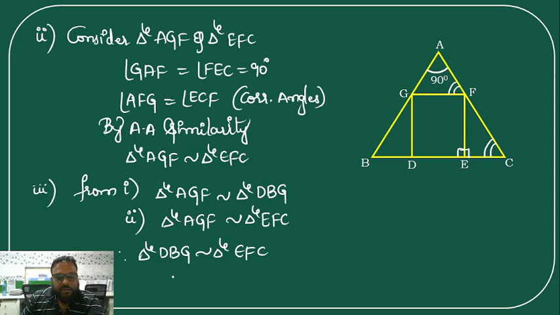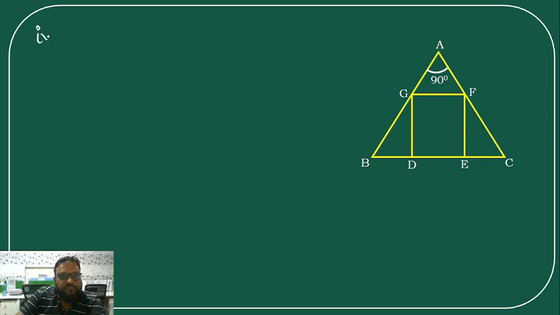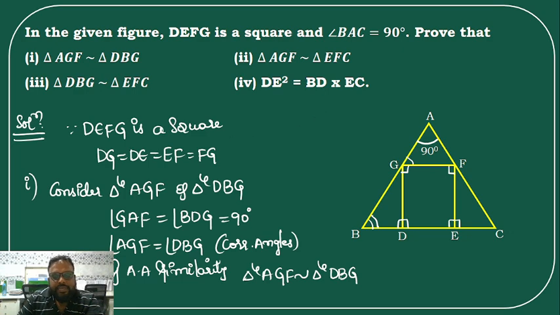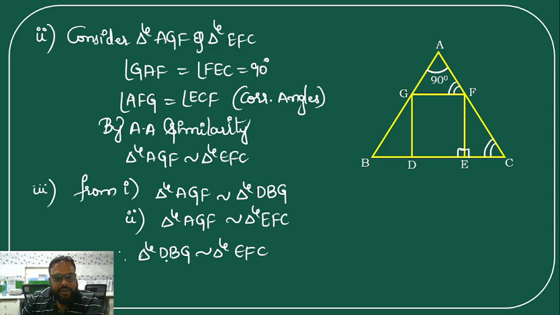This is done. Now, one more part is left over, that is the fourth one. What do I have to prove in the fourth one? DE square is equal to BD into EC. Now we will take the third condition, that is triangle DBG similar to triangle EFC.